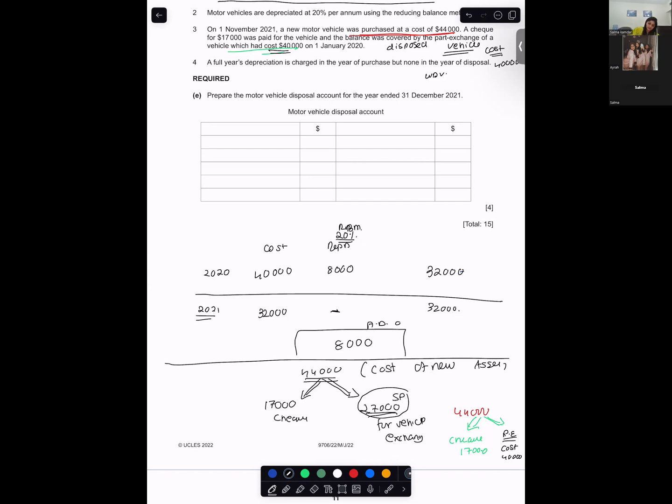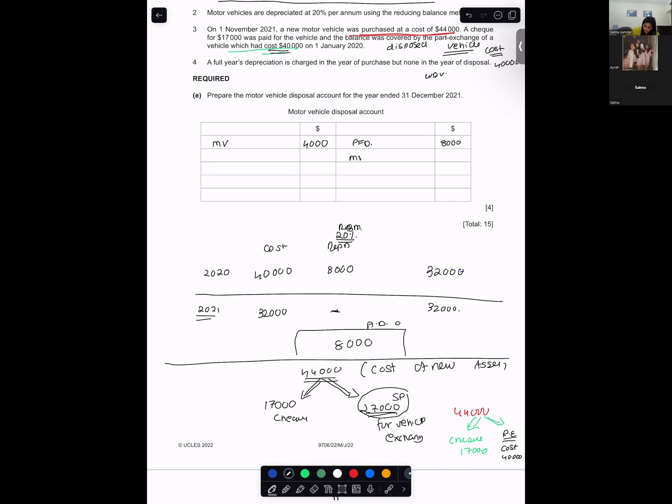Come on. On the debit side of the motor vehicle disposal account, I will write the cost. Here I will write the accumulated depreciation of the asset sold, 8,000. I did not get money for selling it.